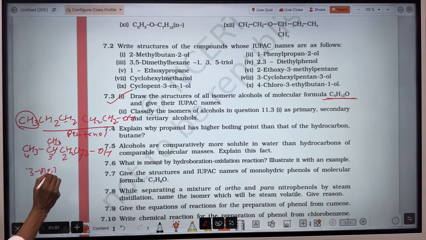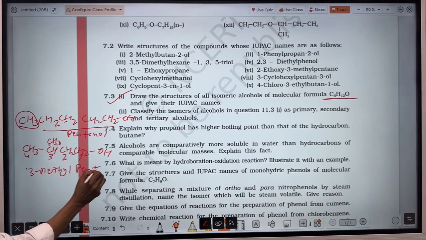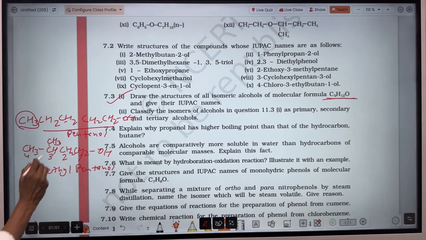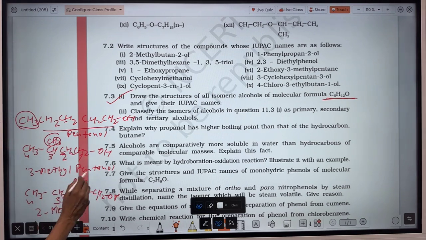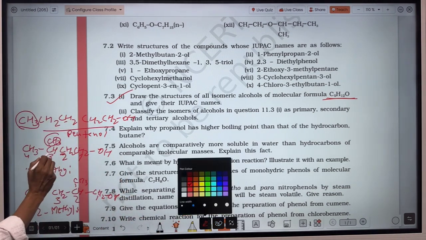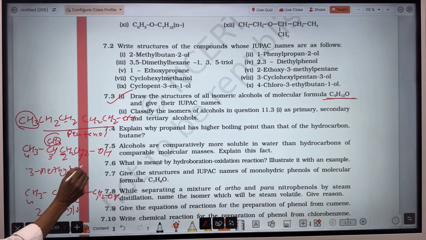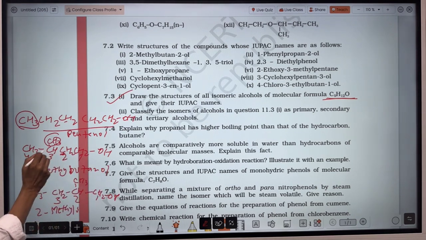So 3 methyl, then shift this methyl to this carbon. Here, sorry, not pentanol, here butanol, because the main chain will be of 4 carbon. Sorry, I have written pentanol, but it is butanol. 1, 2, 3, 4. The main chain is of only 4 carbon. So 2 methyl, butanol.